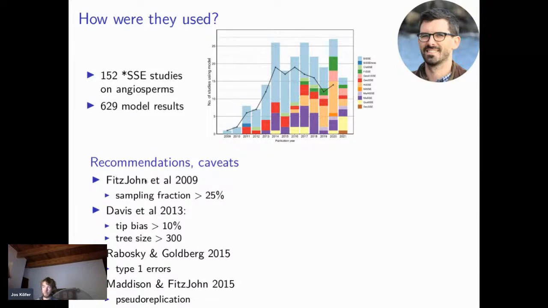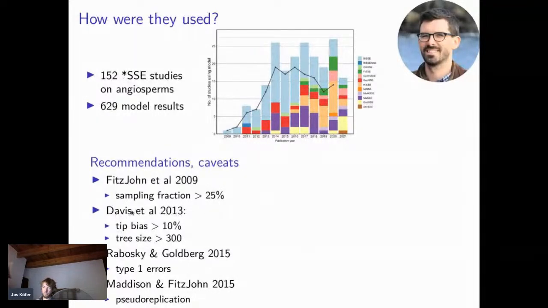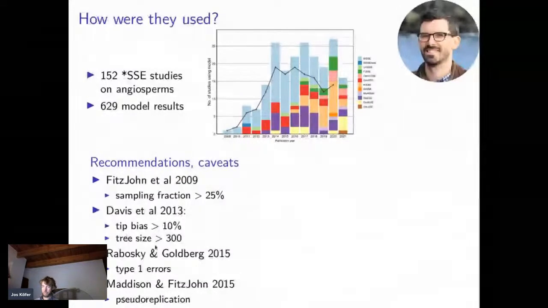They said you can do this, but you should be careful that your sampling fraction is more than 25%, so more than 25% of the species you're looking at are in the phylogenetic tree you're running this model on. But there was a methodological study by Davis et al. in 2013 that said if you want good inferences, you should be careful that the minor state occupies at least 10% of all the tips, and also that you have trees larger than 300 tips to get reliable results.